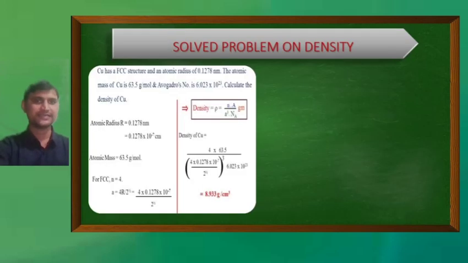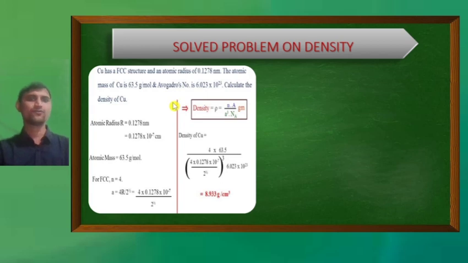Now see the problem. Solve a problem on density. First of all, see this problem. In this problem, copper has an atomic radius of 0.1278 nanometer and a mass of 63.5 gram per mole, and already we know Avogadro's number, that is 6.023 into 10 raised to 23.